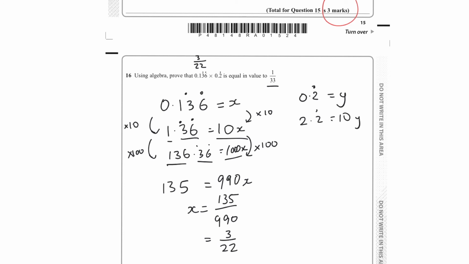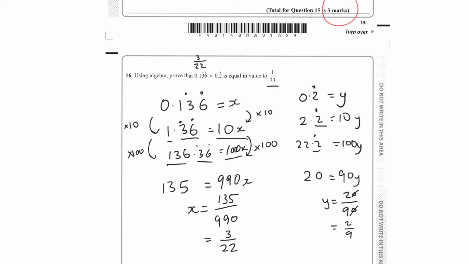And if we multiply that by 10 again, then 100y would be equal to 22.2 recurring. Take away the y's from each other, you'd end up with 90y is equal to, again, the recurrings have cancelled out, so now you've got 20. And then to work out what y is, you would do 20 over 90. Simplify that as a fraction. This one's nicer. You'd end up with 2 over 9.